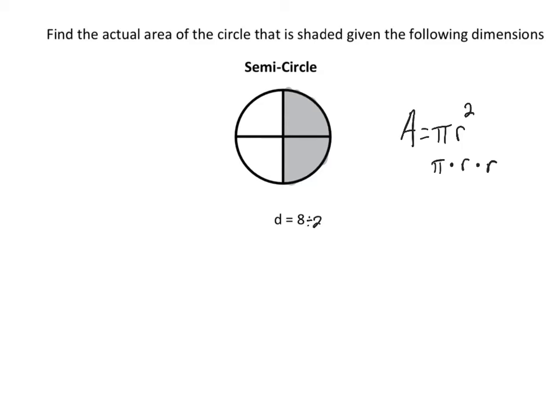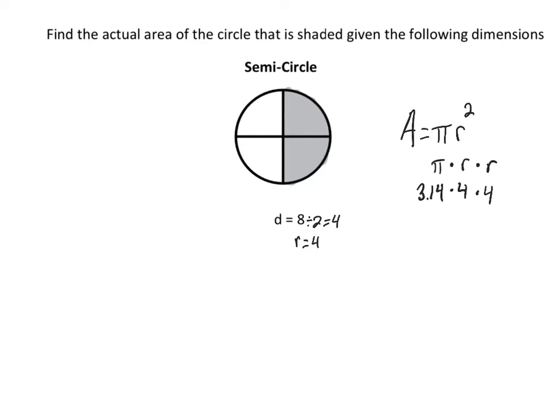We're going to divide 8 by 2 to get 4. So we know that our radius equals 4. Very important first step. Now, in our formula over here to the right, let's plug in what we know. We know the radius is 4. And we know pi is always 3.14. Then we just have to multiply from there.